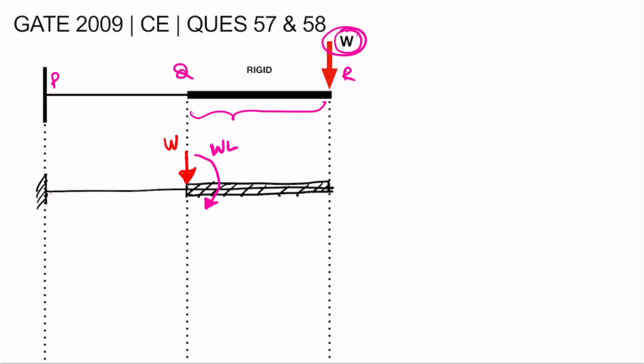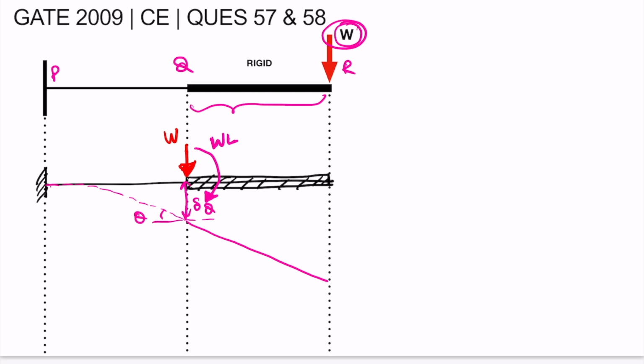So now we have all the loads. Let us again make the deflected shape for this cantilever beam. It will be curved till this point and will go straight. Now this is theta and this is delta Q. Here this delta Q is due to this point load and this moment.